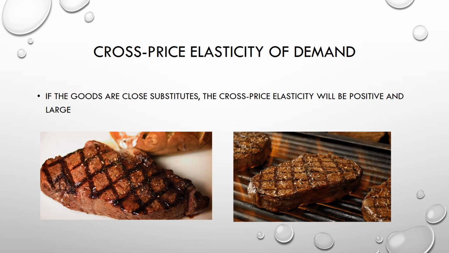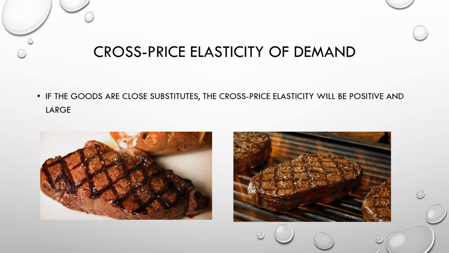To get a little bit more specific, if those two goods are very close substitutes, not only will the cross-price elasticity be positive, it will also be a large value. You might not even be able to tell from this picture, but one of these steaks is a New York strip, the other is a ribeye. They are both very similar styles of steaks, so they are very close substitutes. If you like New York strip, you probably like ribeye and vice versa. So if you go to the store and ribeyes are more expensive, you're probably going to go for New York strip, and it probably doesn't take very much of a price change to encourage you to do that.